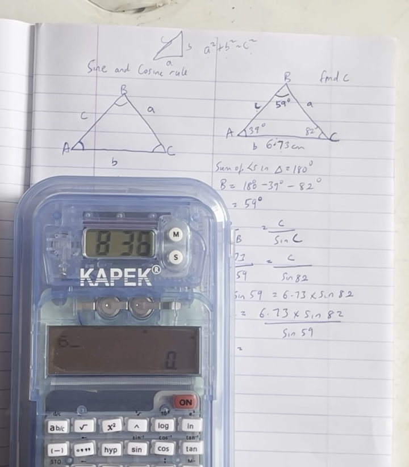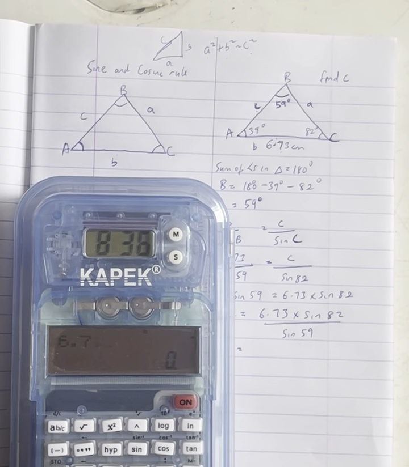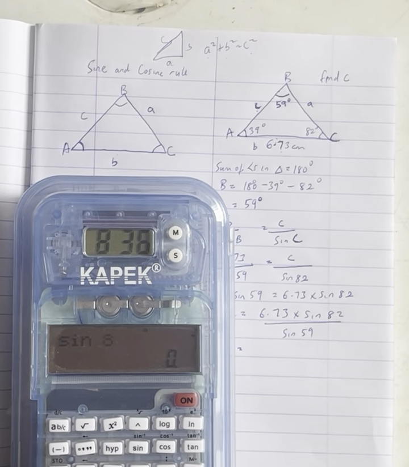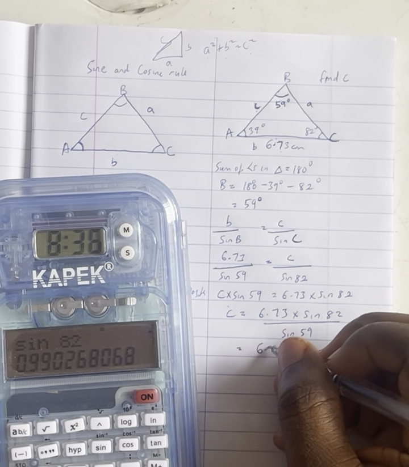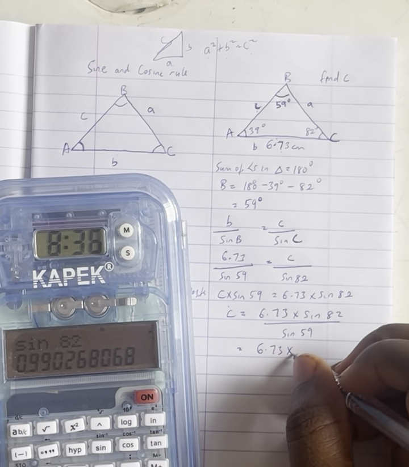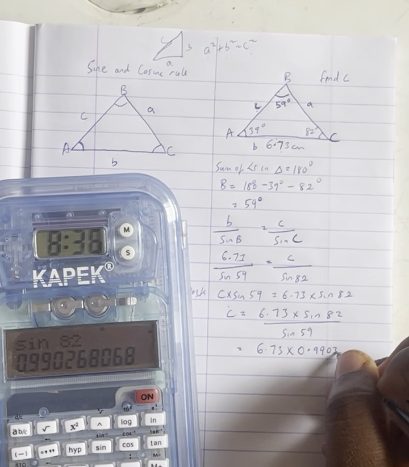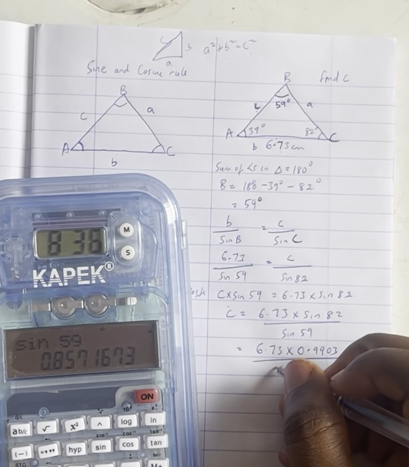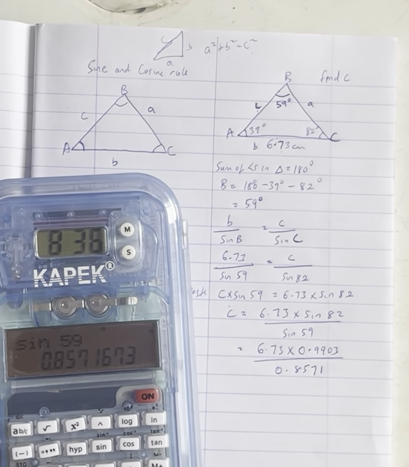So if we now make c the subject of the formula, c is 6.73 times sine 82 over sine 59. Let me just find sine 82 first so that it will be simpler for us. If you press your calculator or four-figure table, sine 82 is 0.9903 and sine 59 is 0.8571.